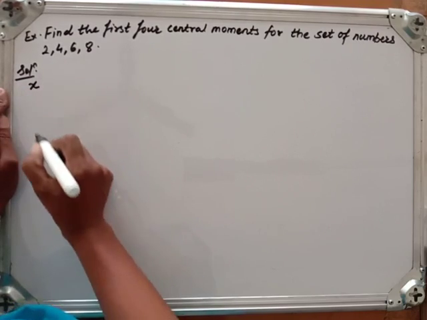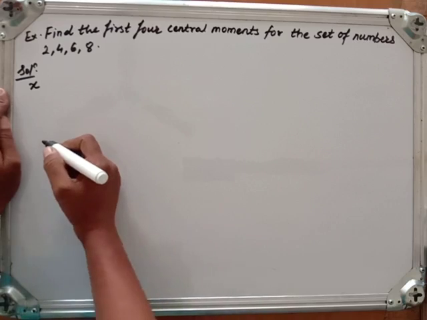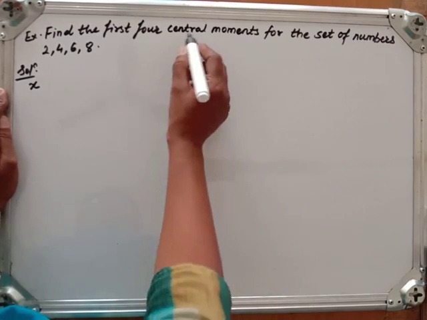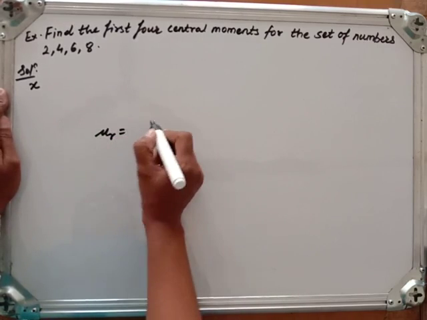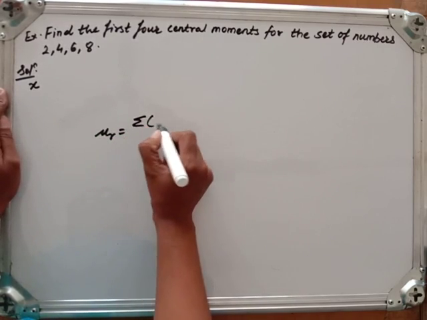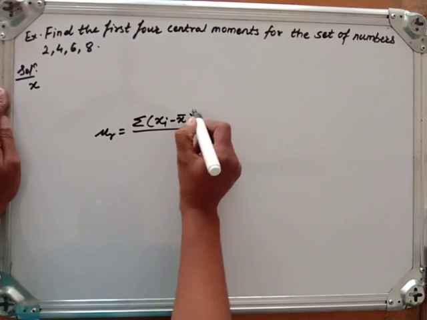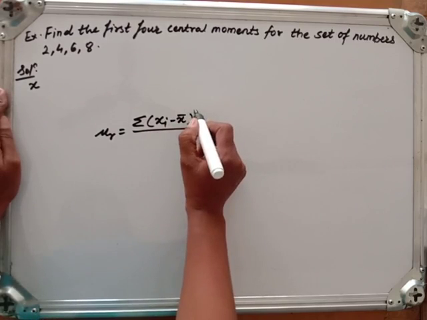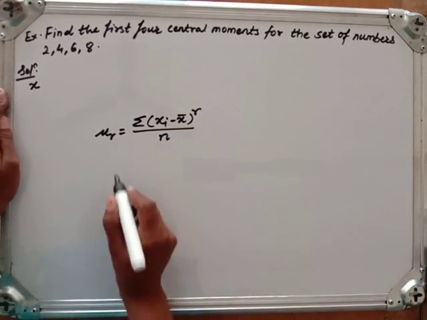Suppose the number is given as x. Here we have to determine central moments. You know the relation for central moment, mu r is summation (xi minus x bar) raised to r upon N. This is the result for mu r.